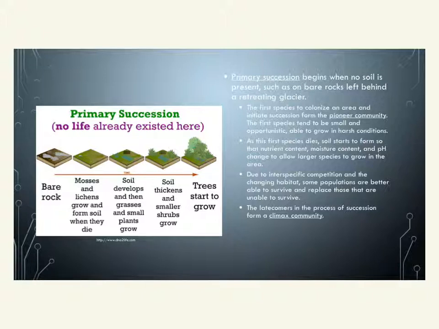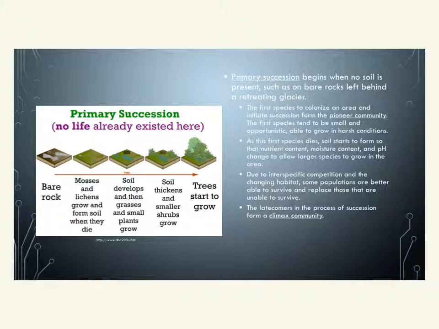That soil is going to increase the nutrient content over time, and moisture is going to be able to be stored in the soil. The pH will change over time, and so soon we will have a situation where other, more complex, bigger organisms would be able to start growing in the area as well.